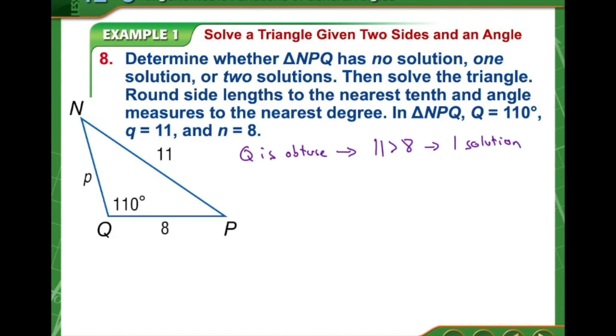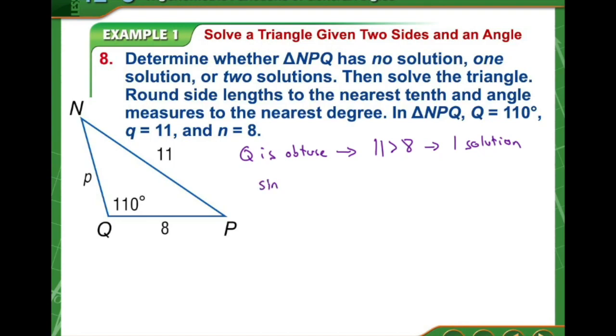We're ready to go. We can actually solve this triangle. So we need to find our other two angles and side P. And since we are missing angle N, that's going to be the first thing we want to find. We're missing angle P as well, but we don't have side P, so we can't find either one of those without having angle N first.